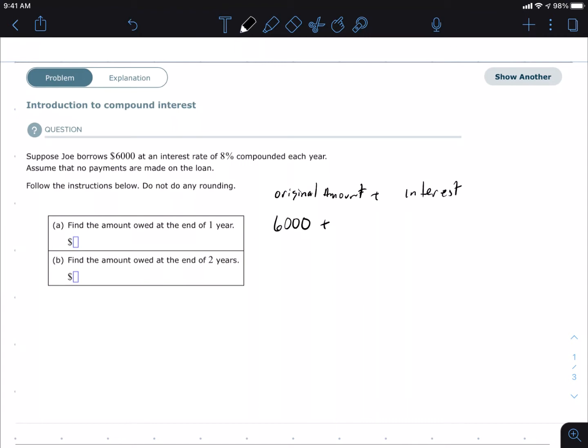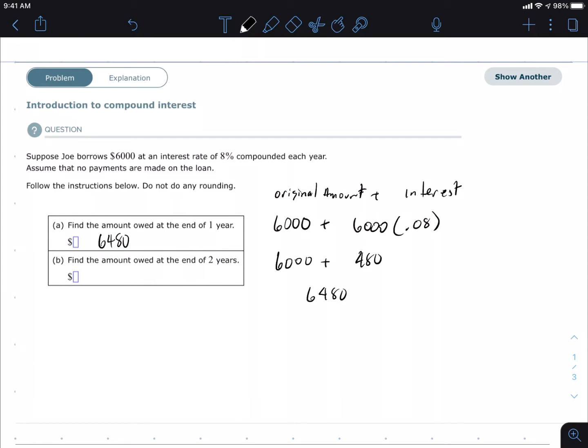And the way we find the interest is 6,000 times 0.08, or 8%. So that gives me 6,000 plus 480, which tells me after the first year he owes $6,480.